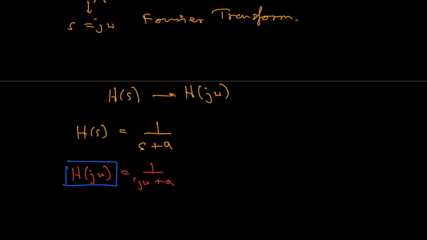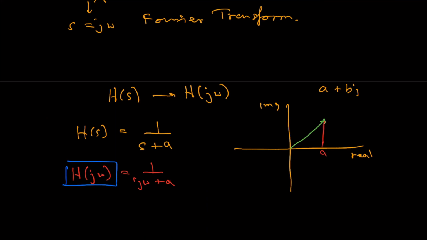Now, if you remember, a complex number can be plotted in an Argand diagram where the y-axis is the imaginary and the x-axis is the real. So if I had, say, the complex number a plus bj, I would represent that as a vector on this diagram, where the real part is there and the imaginary part is there.